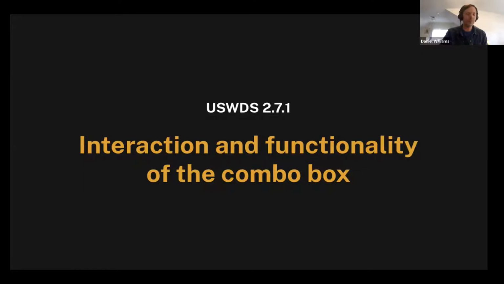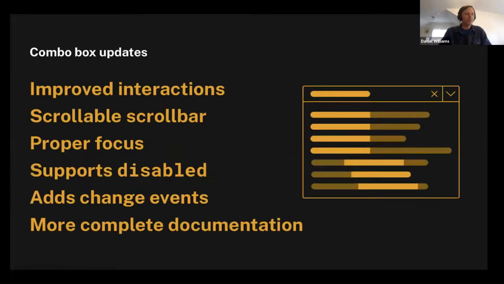And your feedback on the combo box has been important in helping us make that work better. And so we improved the overall interaction of the box, particularly around subsequent selection, making it easier to clear the input and navigate away from a selection in the primary input into the dropdown.